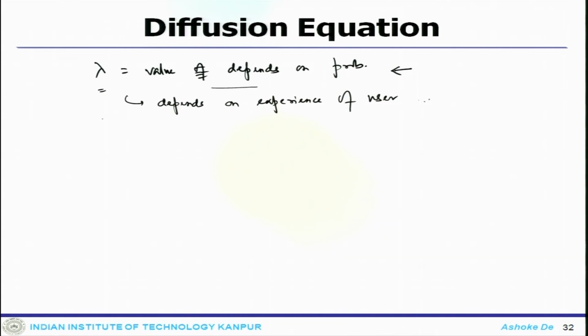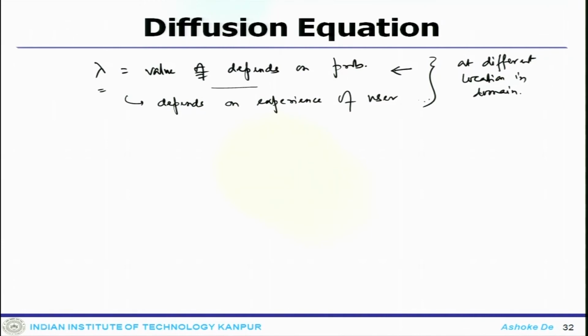Moreover, it is not necessary to use the same under relaxation value throughout the computational domain. One can actually vary the under relaxation value at different locations in the domain.